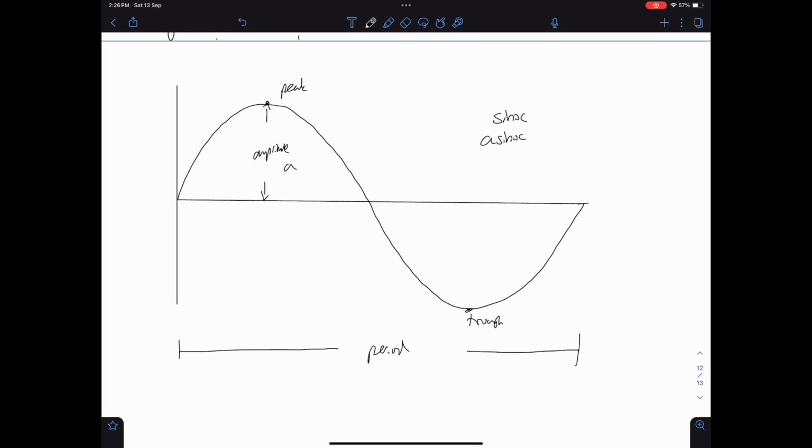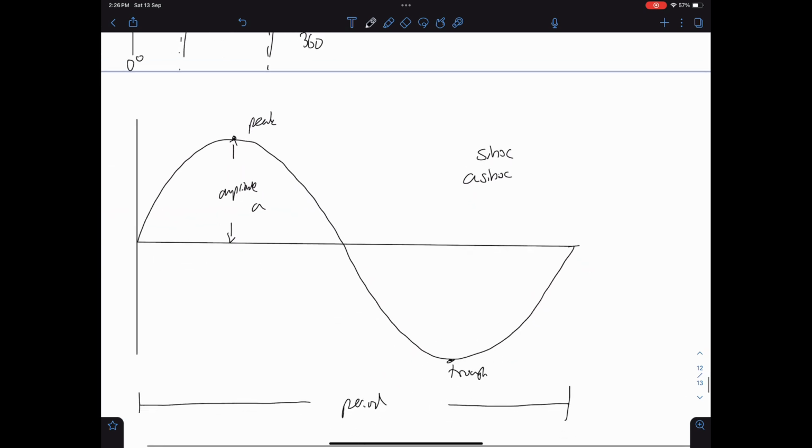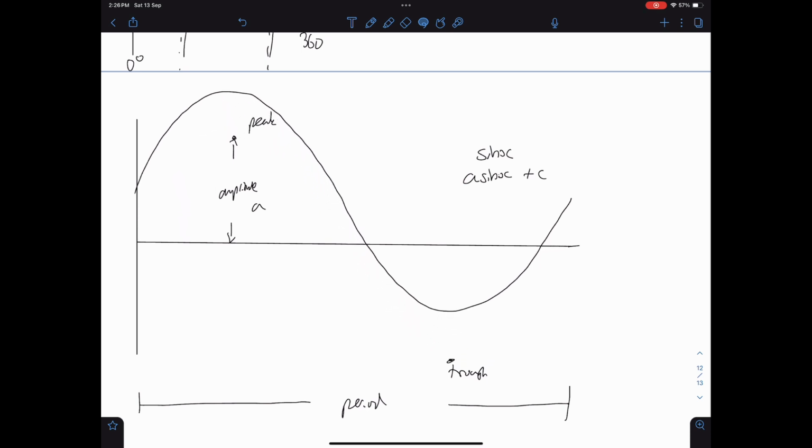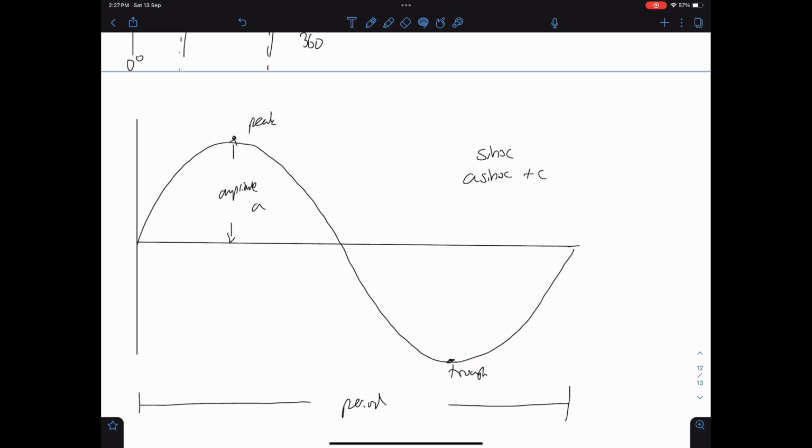If we made a bigger, it would stretch out like this, and you would increase the amplitude, but if you made it smaller, like that, then you would be multiplying by a fractional a. You could also add something like c, and we're just doing vertical transformations for now, and you can move it up, or you could move it down by adding a negative c.